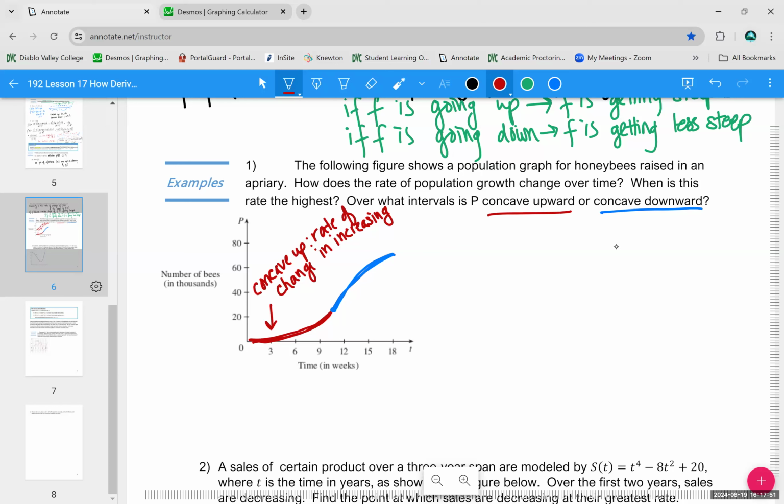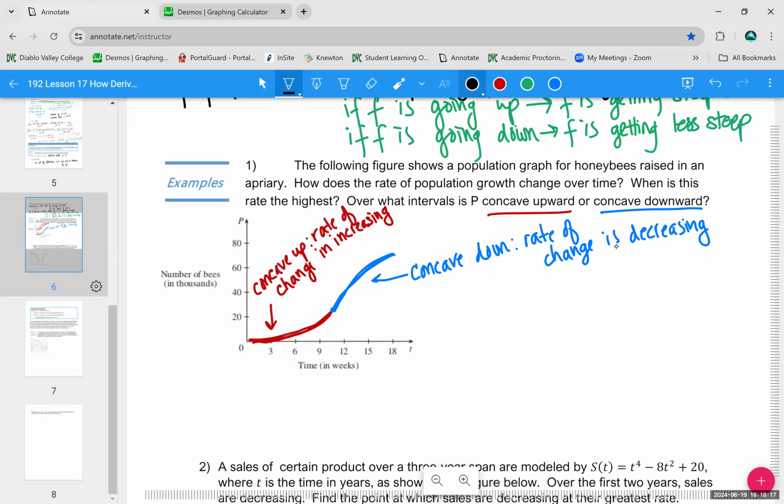Okay. And so where it's concave down, that rate of change is decreasing. So two just very simple statements of what concave up and concave down mean.